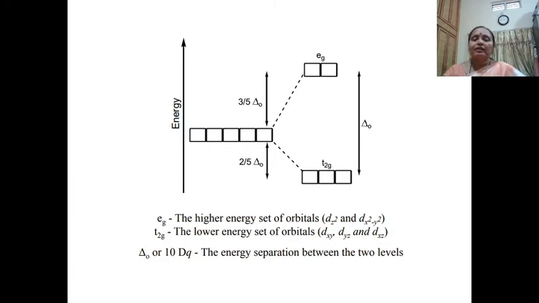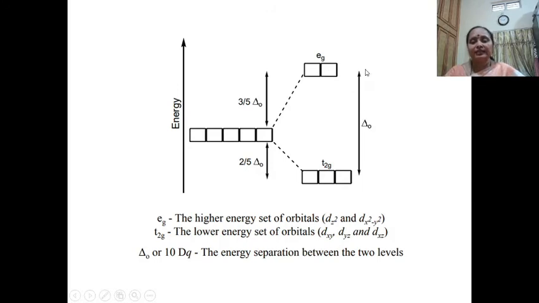While the 2 d orbitals, dz square and dx square minus y square, which are collectively called Eg, experience a greater repulsion. Because they experience greater repulsion, they have a higher energy, and they are called Eg.